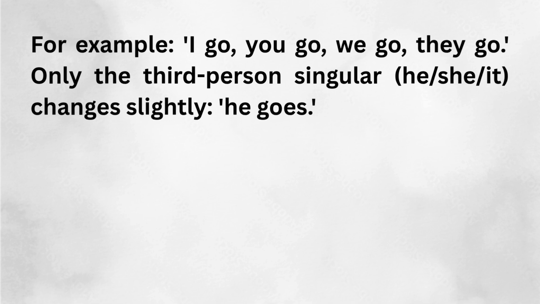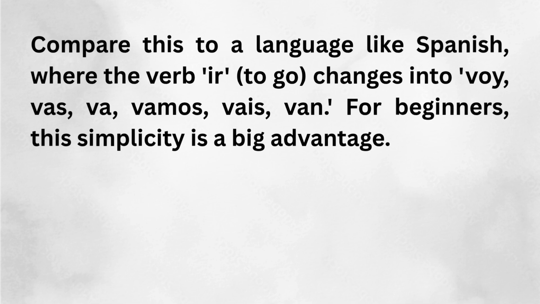He goes. Compare this to a language like Spanish, where the verb ir, to go, changes into voy, vas, va, vamos, vais, van. For beginners, this simplicity is a big advantage.